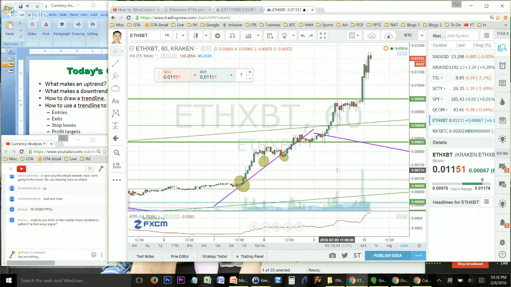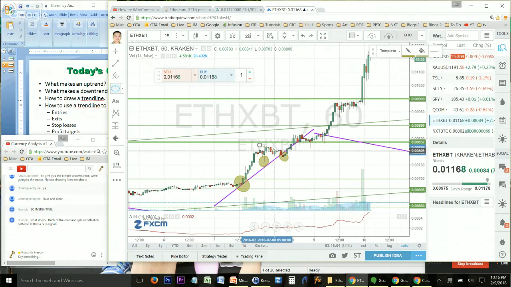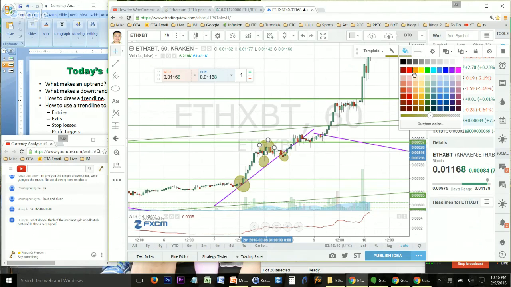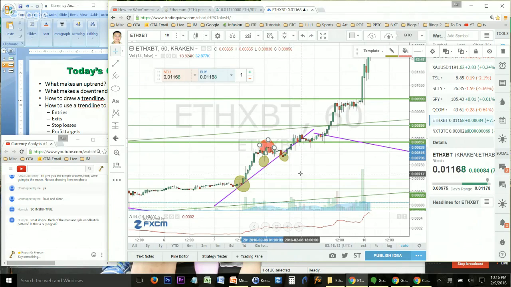Now, the textbook definition of an uptrend is that it produces higher highs and higher lows. So this would constitute the higher highs right here, guys. This right here, this right there would constitute the higher. I'm going to color code that red, right?